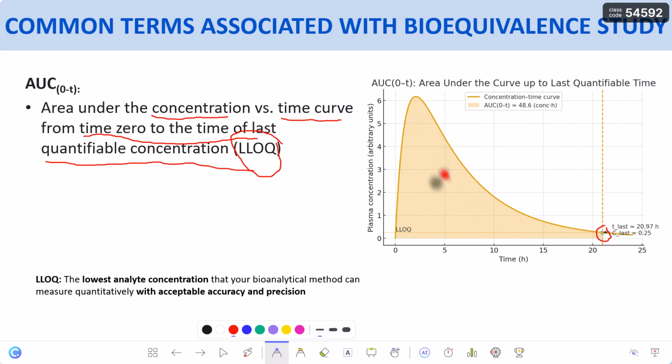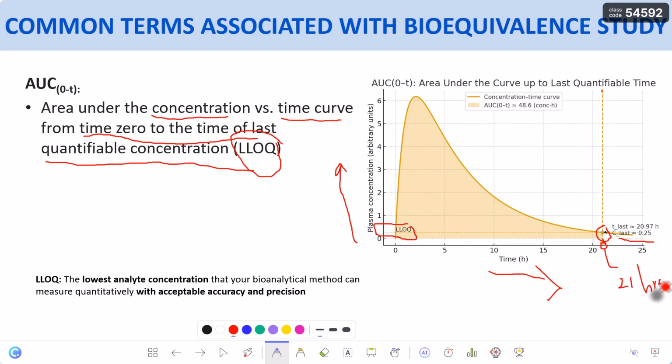If you can see in this particular curve, again the time versus plasma concentration curve, the LLOQ for this particular method could be approximately around 0.25. This is the C last, the concentration measured last, and this is the time at which the concentration was measured at the end, approximately 21 hours.